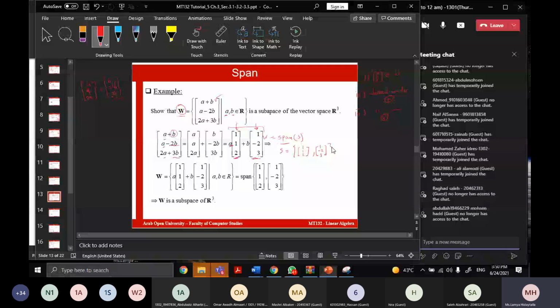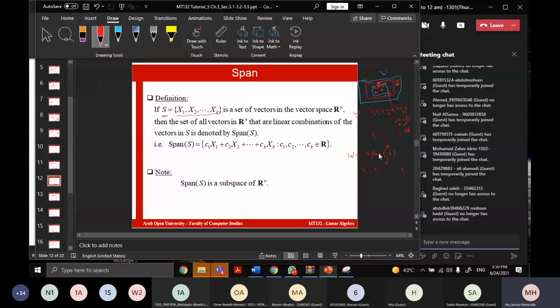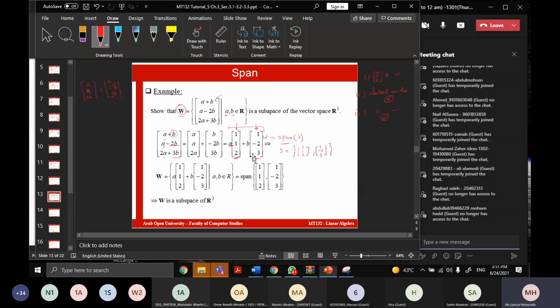So I proved that my space, this one, is generated from these vectors by doing linear combinations. Actually, there are 2 here. It is generated by these 2 vectors. So it is a subspace of the big vector space.